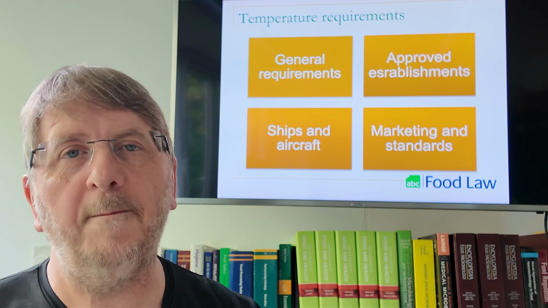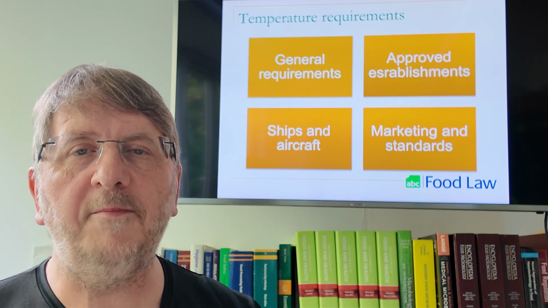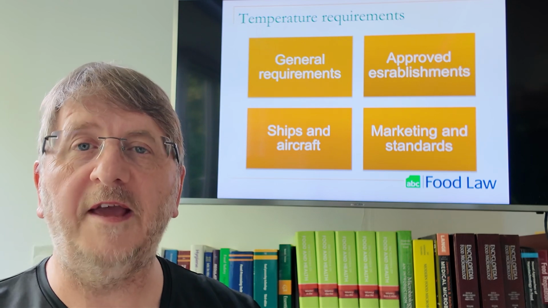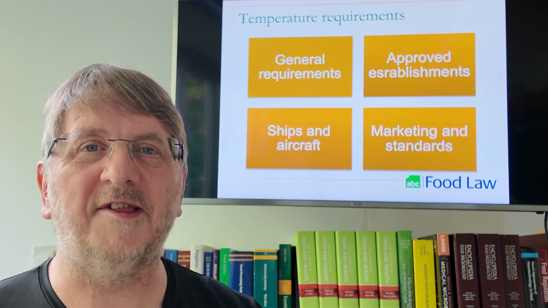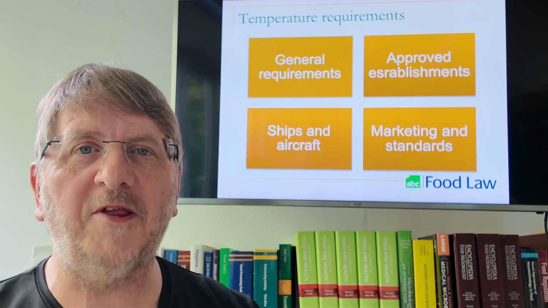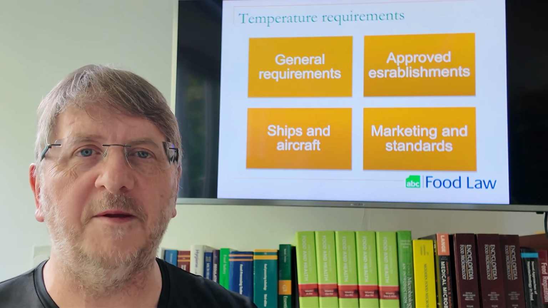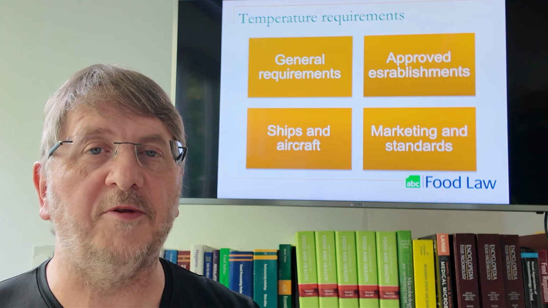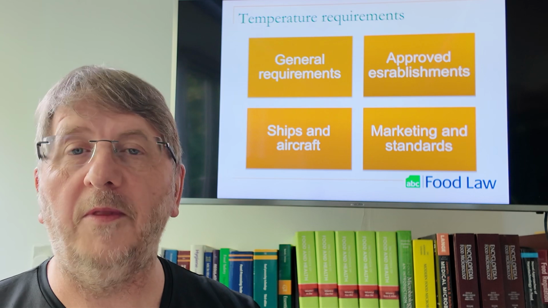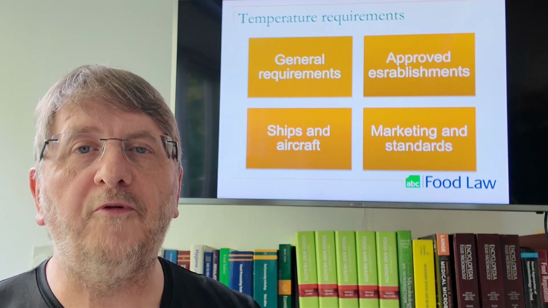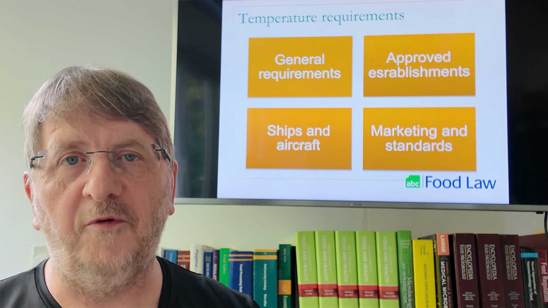Okay, so looking at temperature requirements. In law, temperature requirements are split into two main categories, the food safety ones and product standard ones. I've subcategorized them, and the best way to do this in 10 minutes or so is to break them down into four main categories. The general requirements set out in hygiene law for food safety purposes, and those that apply in approved establishments for food safety purposes.